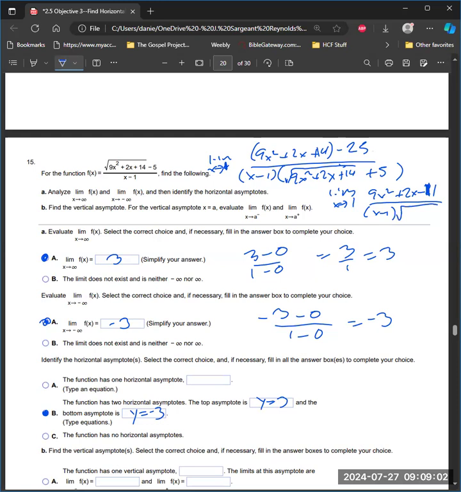Times that square root thing plus 5 is going to give me 9 plus 2 is 11. That's 11, which is 0 over 0, so still do some factoring here. x minus 1. This is going to be 9x plus 11 over x minus 1 times that square root thing plus 5.